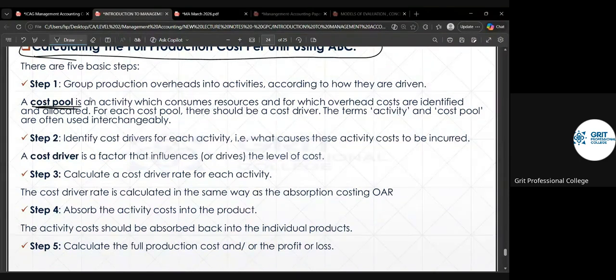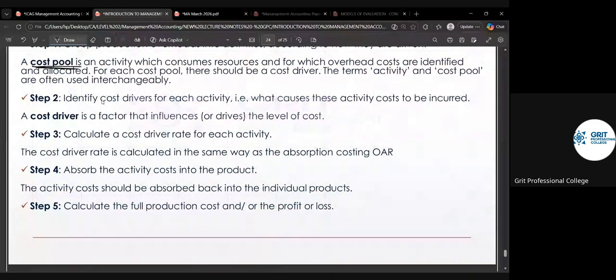Once you determine the various cost pools, step 2 will be to determine the appropriate cost driver. Appropriate, because if you match the wrong cost driver to the wrong cost pool, whatever you are going to do will be wrong. The basis on which you charge the cost to your product will either be too low or too high, so there will be inaccuracy. So determining the right cost driver for the right cost pool is something you need to know.